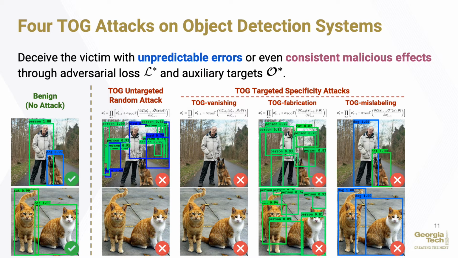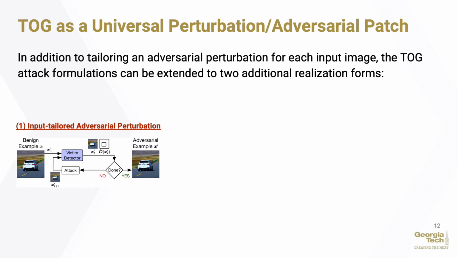These are the four TOG attacks that are capable of deceiving object detection systems to misbehave with either unpredictable errors or consistent malicious effect. One way to realize TOG is to tailor an adversarial perturbation using the adversarial loss functions for each input image. The perturbation is fine-tuned iteratively until the goal is reached, such as successfully fooling the victim to mislabel the object while keeping the same bounding box.